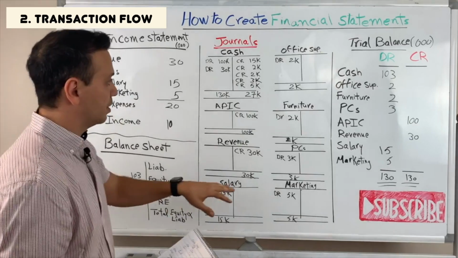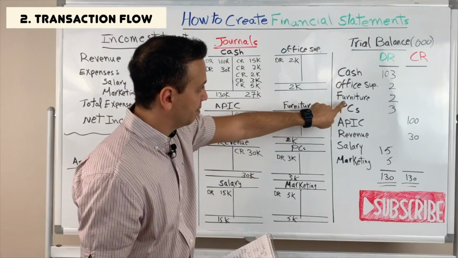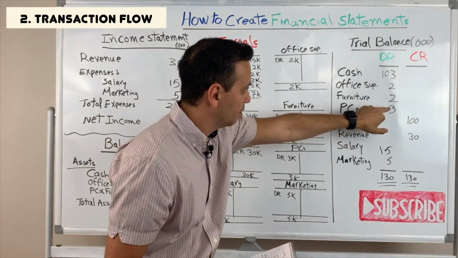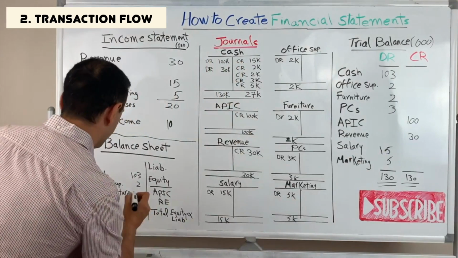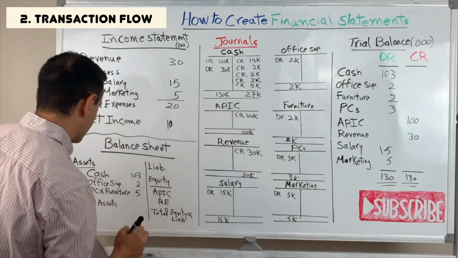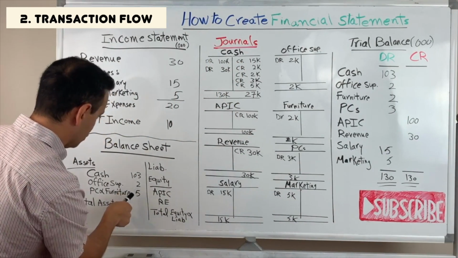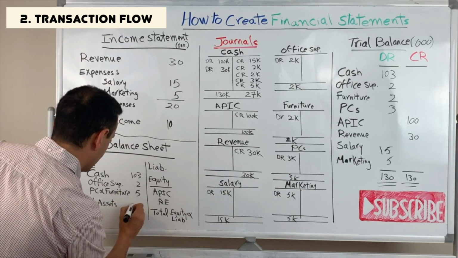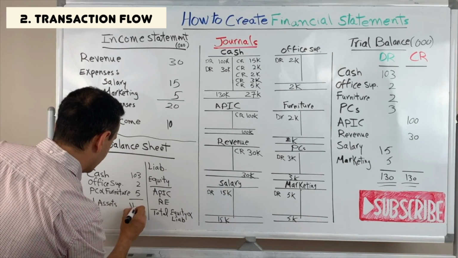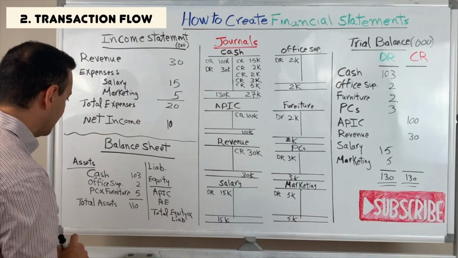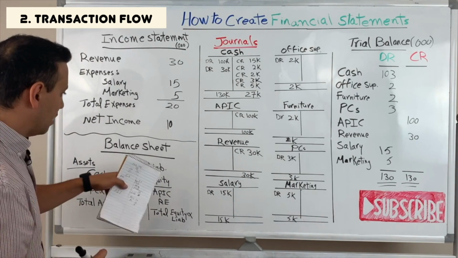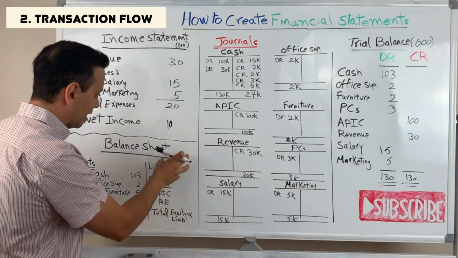PC and furniture, so we're gonna sum together furniture and PC in one line item, so that would be 2 plus 3, that would be 5. That would give us total assets of 103 plus 2 plus 5, that would be 110K in total assets.